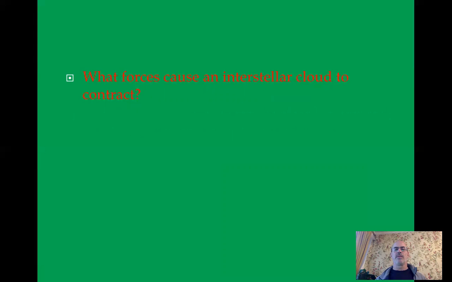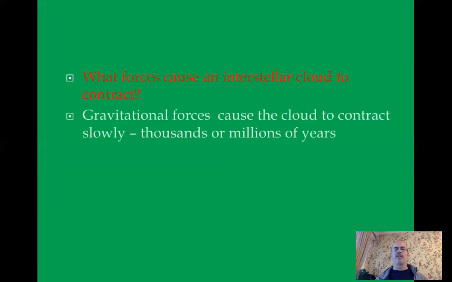Gravity is the force that pulls everything together. So gravitational force causes the cloud to contract slowly, and when we say slowly, thousands or millions of years are necessary for a cloud to contract enough to get even a pre-star formation.